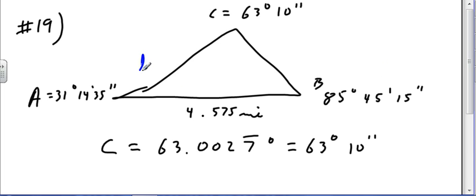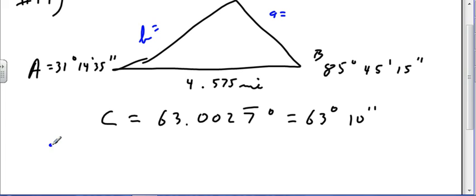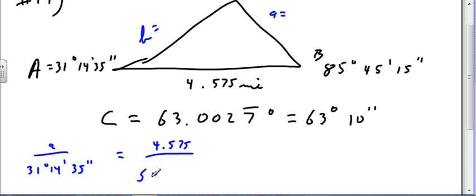Now I got to come up with little b and little a, the sides. All right, so we'll look at a divided by the sine of 31 degrees, 14 minutes, 35 seconds is equal to C, 4.575, divided by the sine of 63 degrees, 10 seconds.